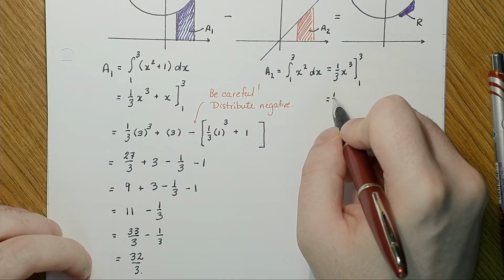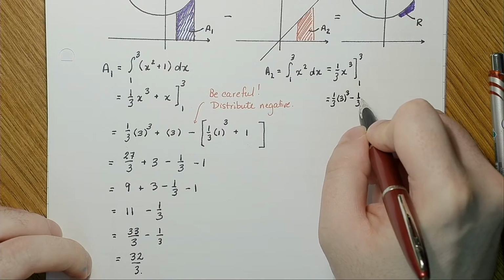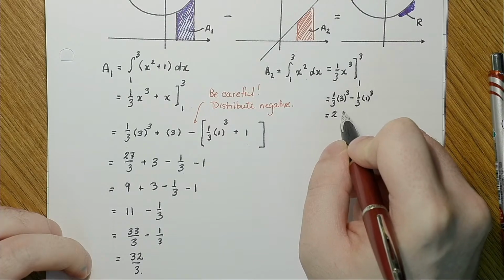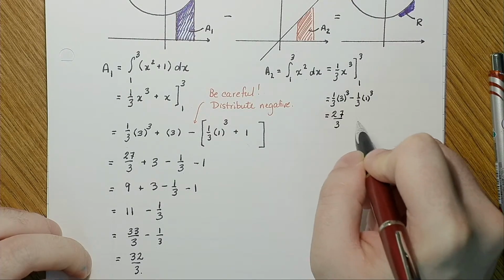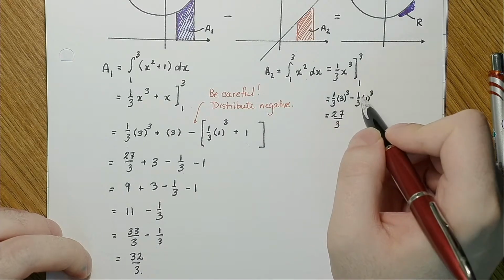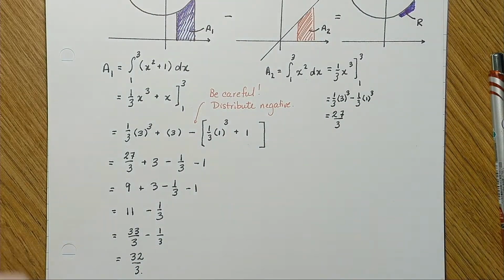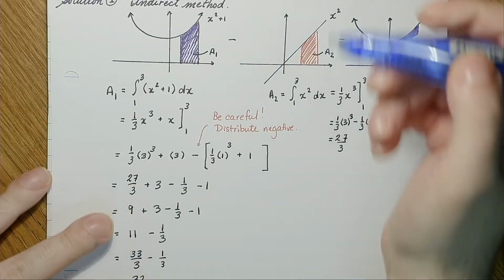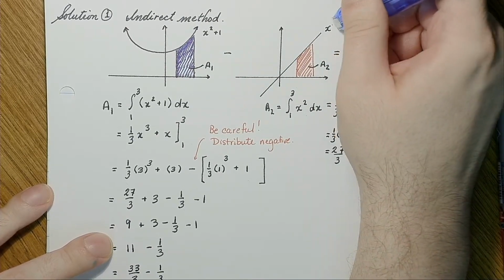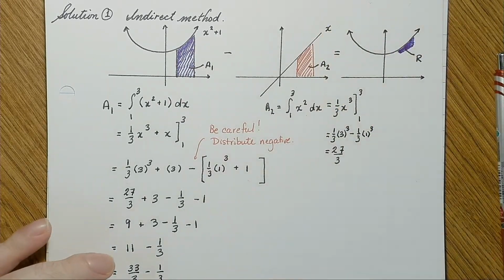No, sorry, I made a mistake. I don't know why I wrote a square there, because it should be a straight line.